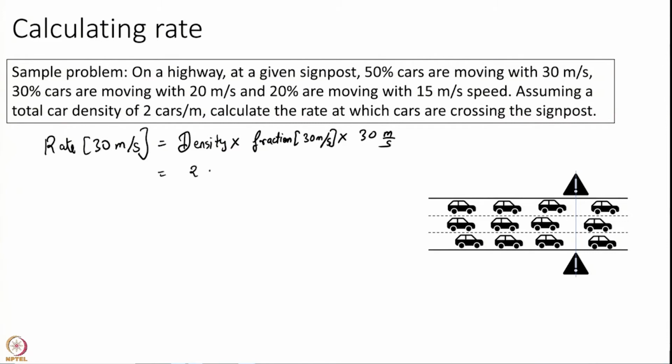The density is 2 cars per meter, that is the total density. The fraction for 30 meters per second is given to be half, 50%. So, half times 30 meters per second. If I multiply this, I am going to get 30.